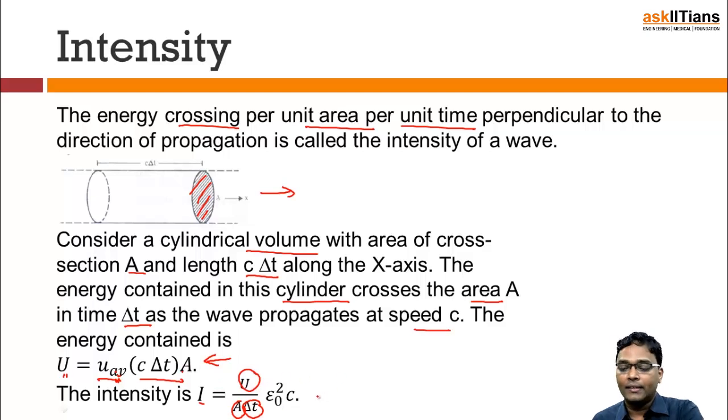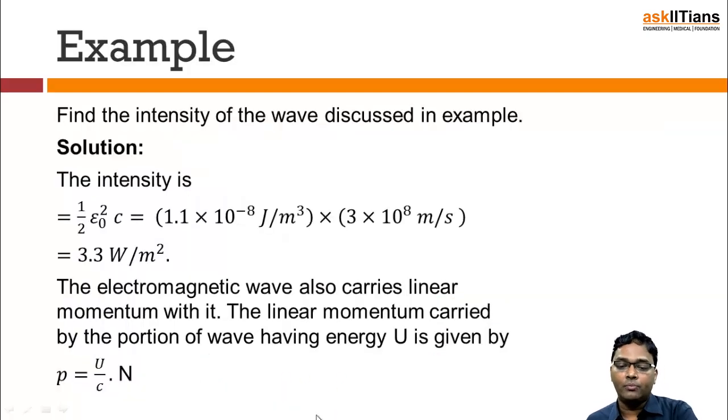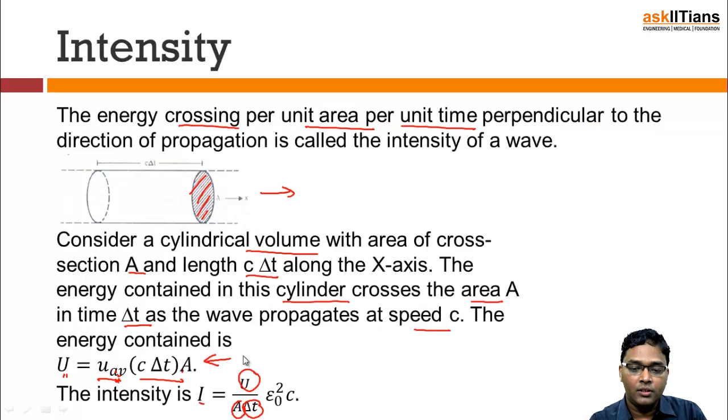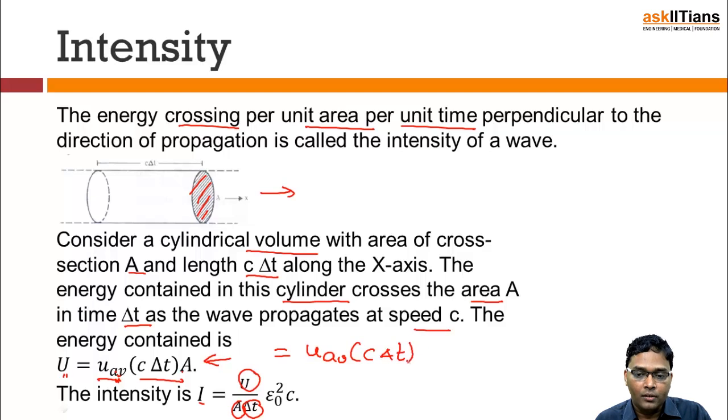So what exactly are you going to be left with? Let's simplify this equation. U is given to you as U average into c delta T into A, divided by A delta T. If I put this in, A goes off, delta T goes off, so you are left with U average into c, right?